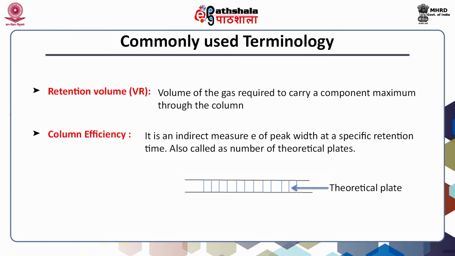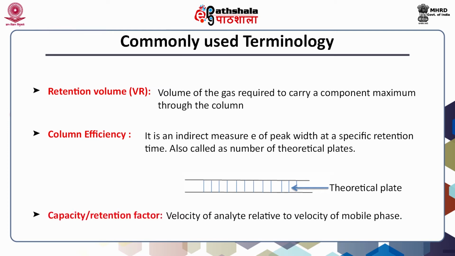That means, the more plates, the more efficient will be the partitioning and the more efficient will be the separation of the compounds. Another terminology very common in gas liquid chromatography is the capacity or retention factor. This capacity or retention factor is the velocity of analyte relative to the velocity of the mobile phase.